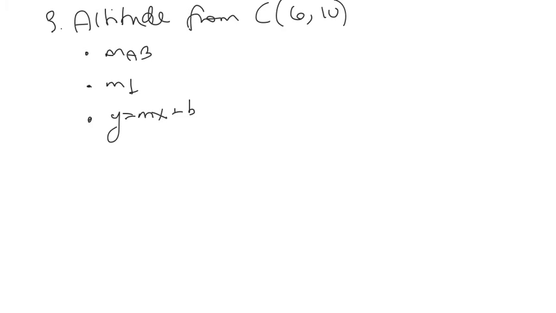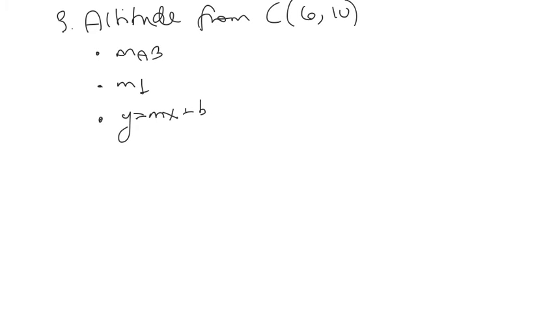Well, some of this I've already figured out. The slope of AB is 3 divided by 10. So the perpendicular slope to that is going to be negative 10 over 3. And the equation, which will come from using that perpendicular slope and the point C, goes like this.